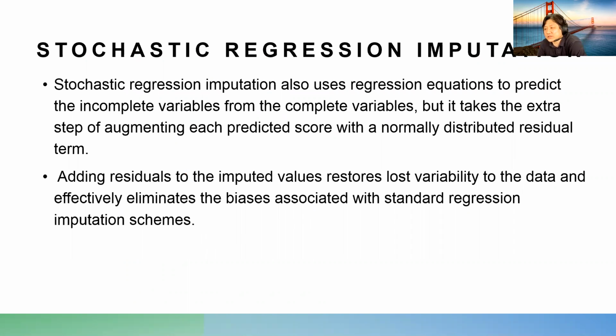It still uses regression imputation to predict incomplete variables from the complete data, but it takes the error portion, the residual part, into account, from a normally distributed residual term. Adding the residual to the imputed value restores lost variability. In regression imputation, we lose some variability, but stochastic regression imputation restores the lost variability to the data.